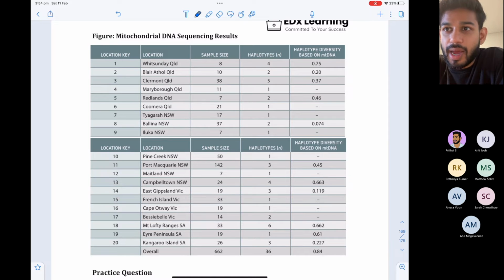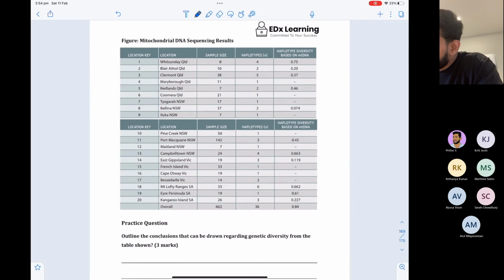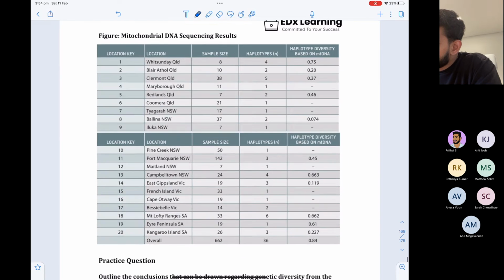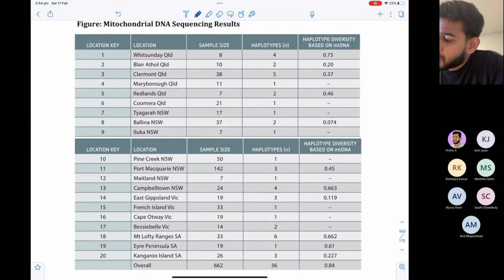We're looking at haplotypes for, it should be for question 1, koalas, right? Look at location key 1 to 9, forget about 10 to 20. Look at 1 to 9 and tell me, which koala populations should we be worried about? The New South Wales koalas or the Queensland koalas?